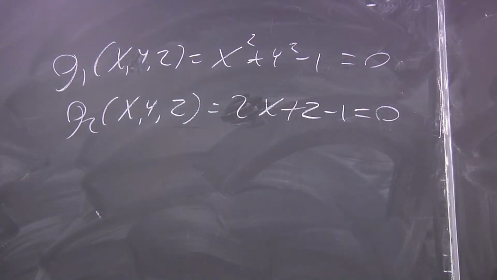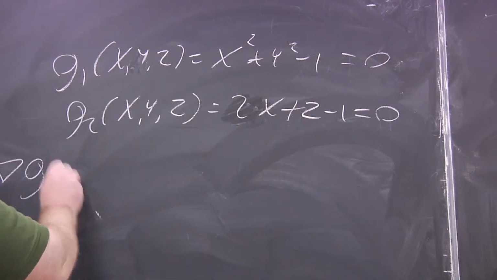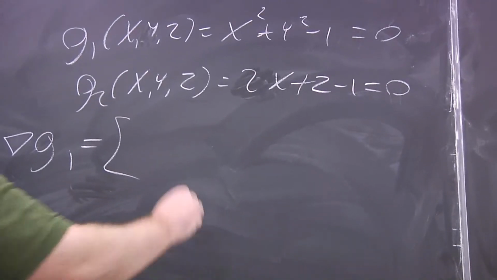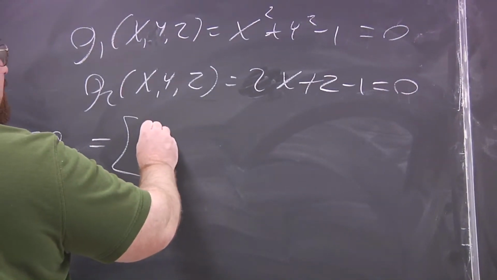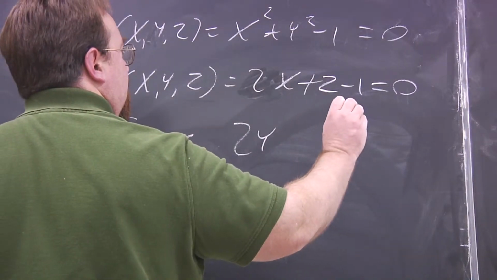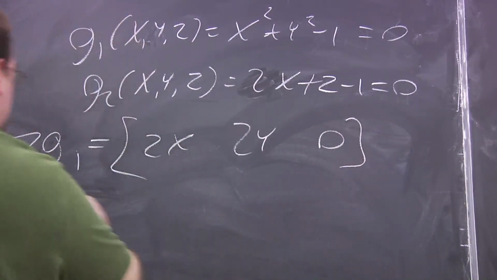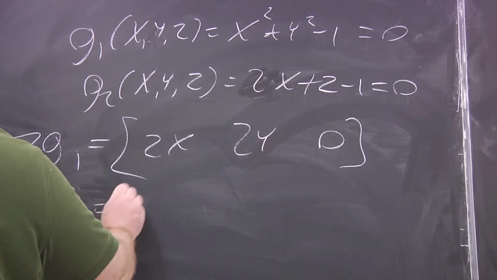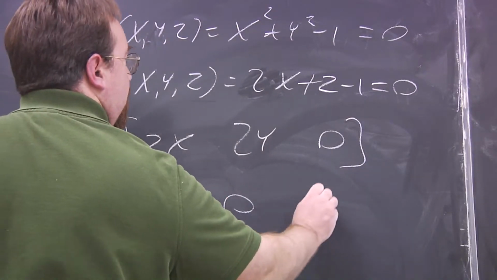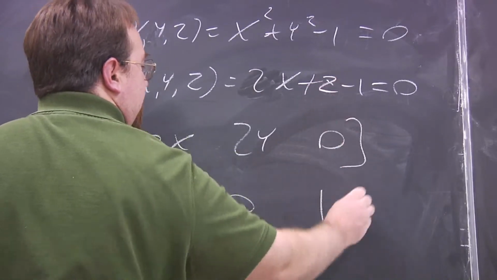So the same problem could come up, but let's find out. So gradient of g1, remember we're in free space now, and gradient of g2 is 2, 0, 1.